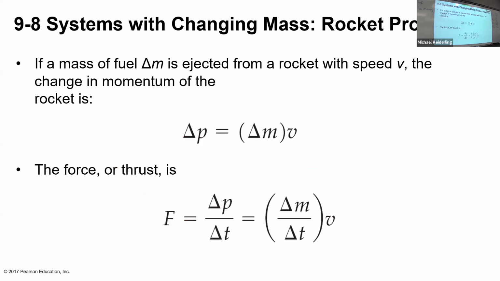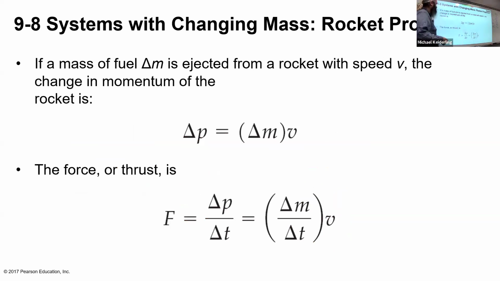We can also have systems with a changing mass. If you think about a rocket ejecting fuel, if a mass of fuel delta m is ejected from a rocket with speed v, the change in momentum of the rocket, delta p, is going to be delta m times the speed it's ejected.